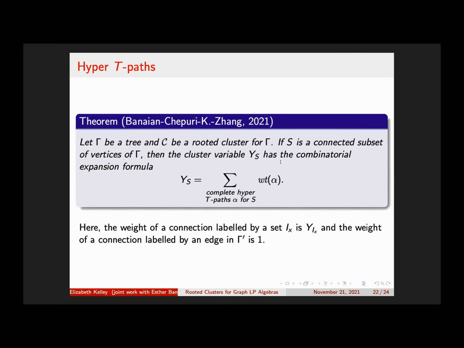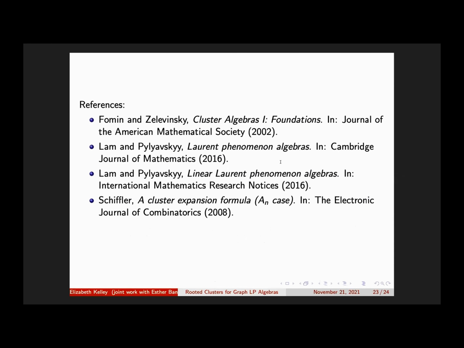And the last thing I want to say about it is, just like in the ordinary cluster algebra case, this gives you a combinatorial proof of positivity, because now the coefficients in your expansion formula are counting hyper T-paths with certain properties.